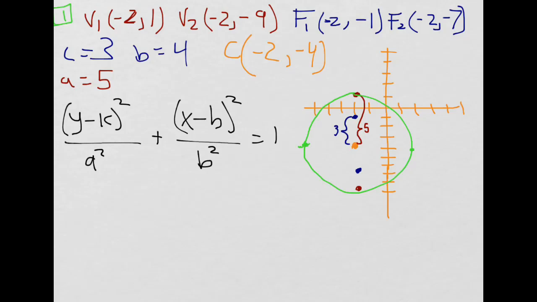So substitute all of your values in. Since our center is down at a y value of -4, we're going to get (y plus 4) squared over a squared. a is 5, so you can just write it as 5 squared.